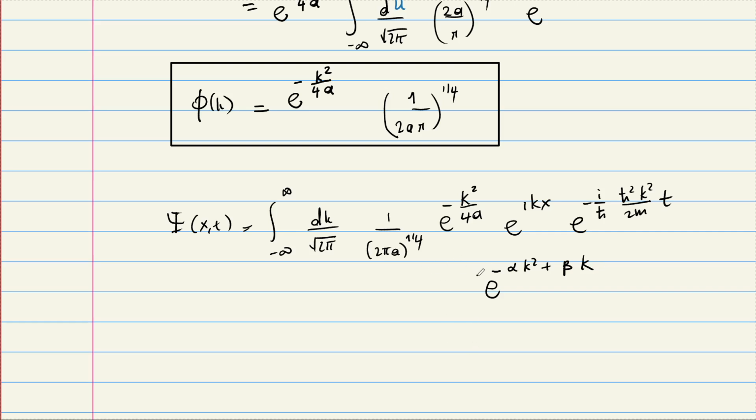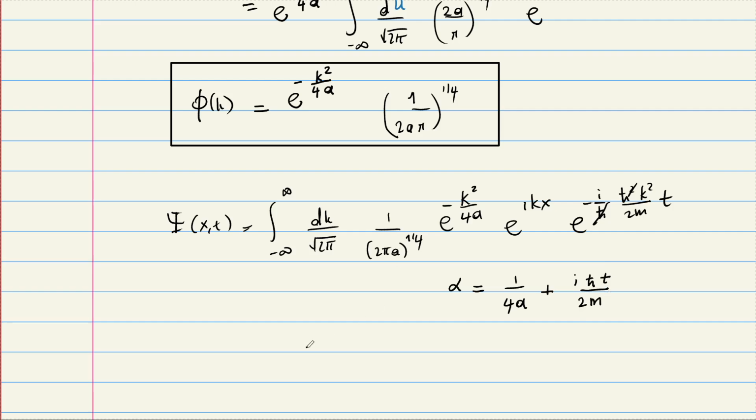Let me define alpha equal to 1 over 4a plus, so you can see I am trying to combine this 1 over 4a here, and there's also an i here, cancel h bar, i h bar t over 2m.